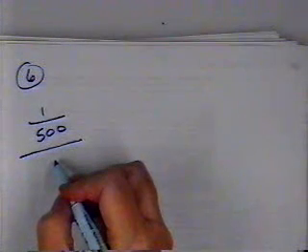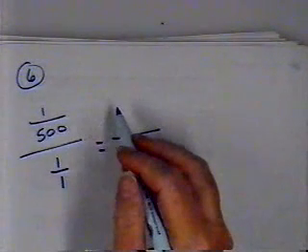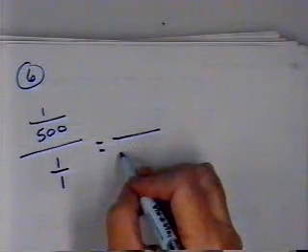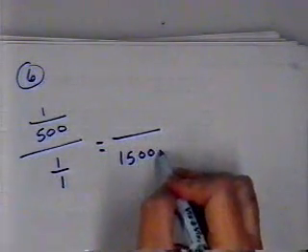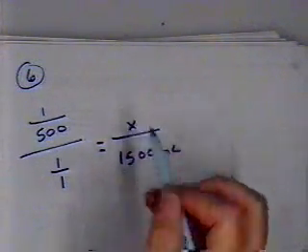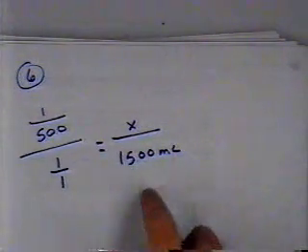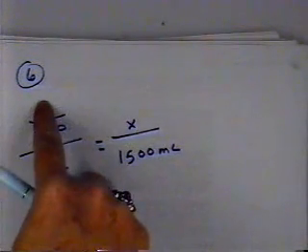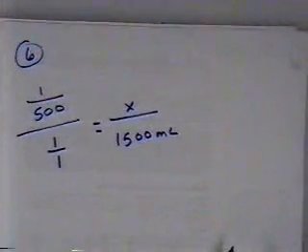So what's the strength on hand? 1/1. Strength amount desired. Again, check your of. 1,500 of a 1 to 500.